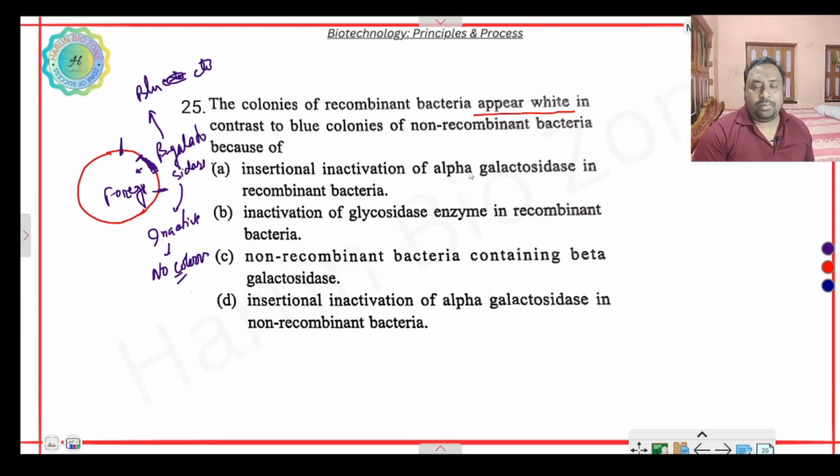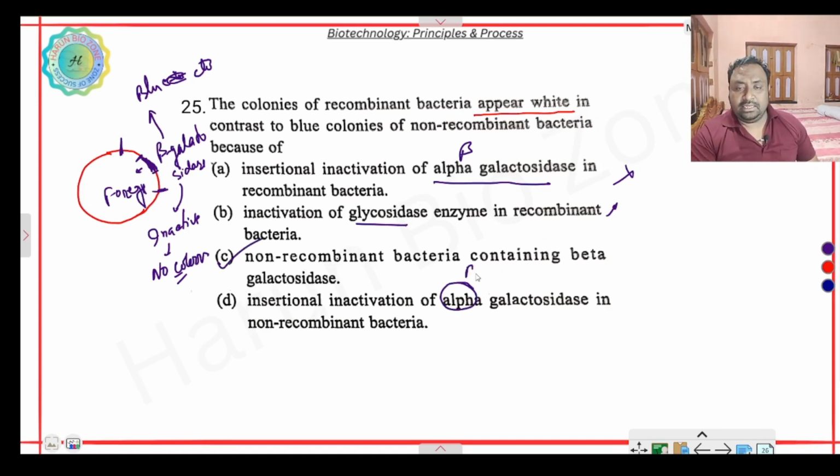Insertion and activation of alpha galactosidase, not alpha galactosidase, it is beta galactosidase. Inactivation of glycosidase, not glycoside. Glycosidase is an enzyme that produces glucose from carbohydrate. This is also not the answer. Non-recombinant bacteria contain beta galactosidase, because the foreign DNA is not inserted into the beta galactosidase gene. Insertion and activation of alpha, not alpha, this is beta. The correct option is C.